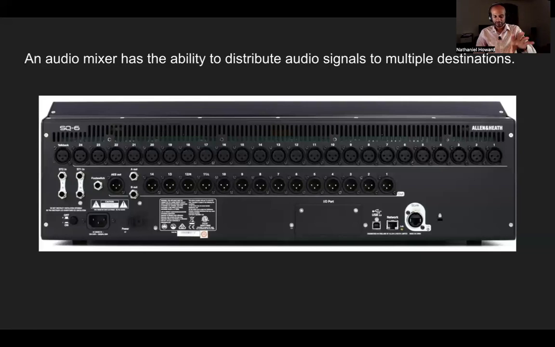I have not tried the AES output on this mixer, but I know when it comes to digital signal in general compared to analog signal, it is a much cleaner sound. But when it comes to this setup, this AES output, I don't know how different it would sound compared to the analog outputs here. I don't want to touch that.